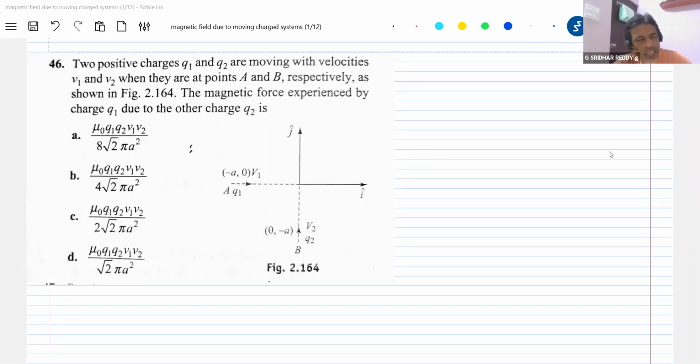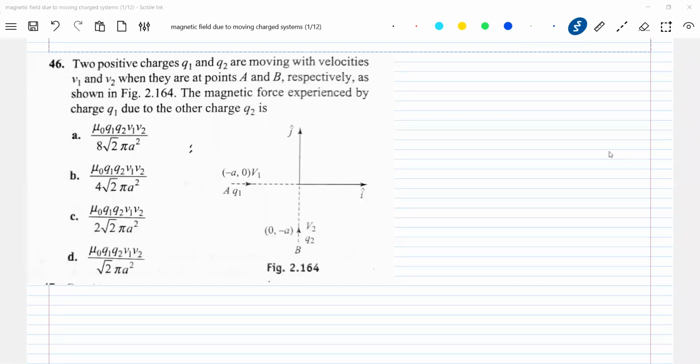Yesterday we discussed the formula, no? So now we are going to take two charges. The magnetic force exerted by charge Q1 due to the other charge Q2.